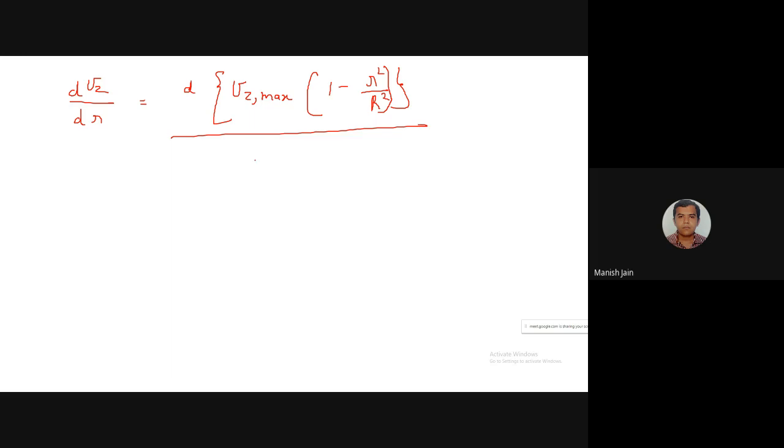You have to take the derivative of Vz max in bracket 1 minus r square divided by capital R square, divided by dr. Okay, Vz max is constant, so you will get Vz max divided by r square.